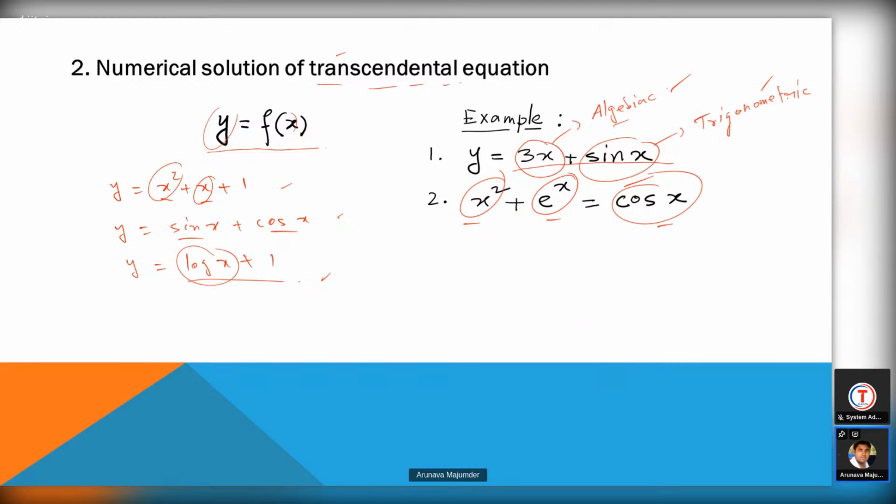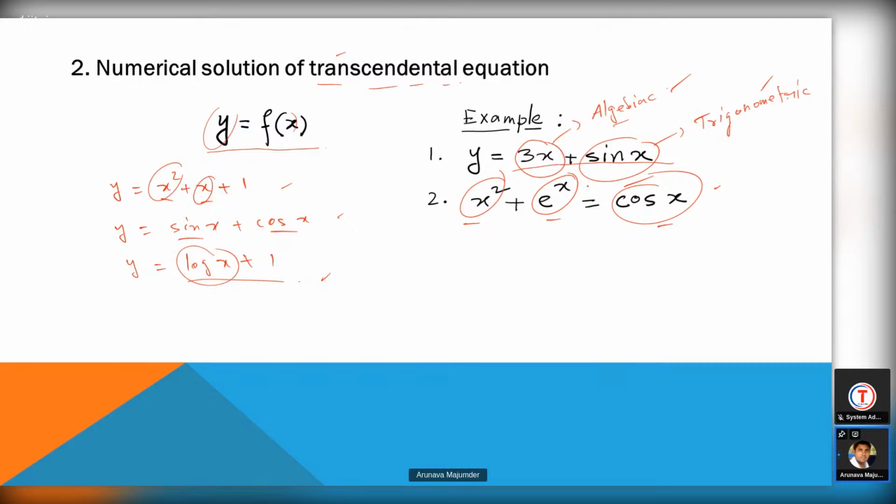So how to solve these transcendental equations? These are very difficult or cannot be solved by any classical mathematical technique, that is, general mathematics.